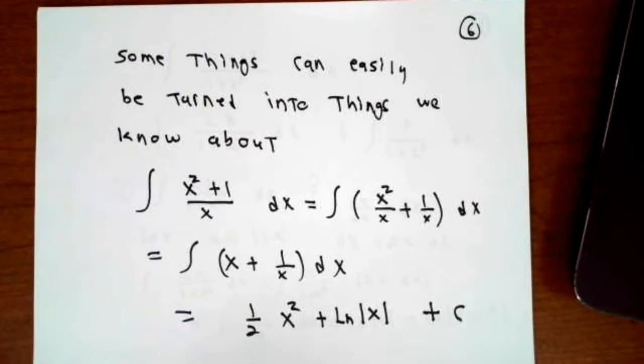So if I can figure out the antiderivatives of x plus 1 over x, I'm done. This is x to the first power, so an antiderivative is 1/2 x squared plus an antiderivative for 1 over x, which is natural log absolute value of x, and then add a constant in.